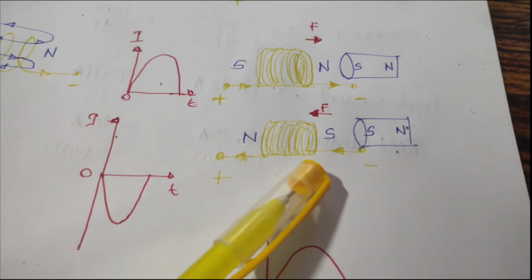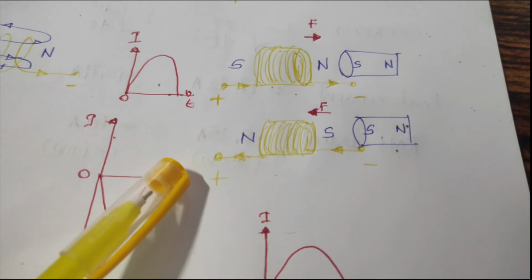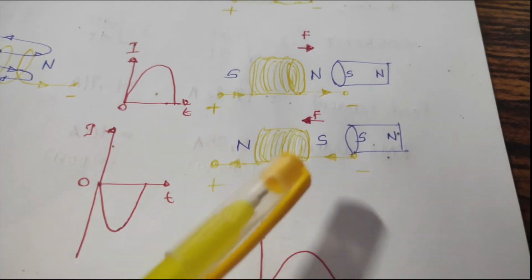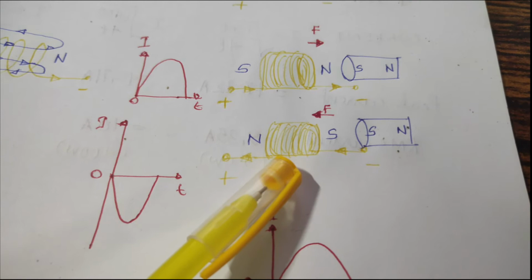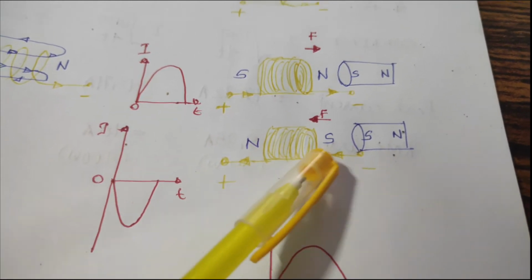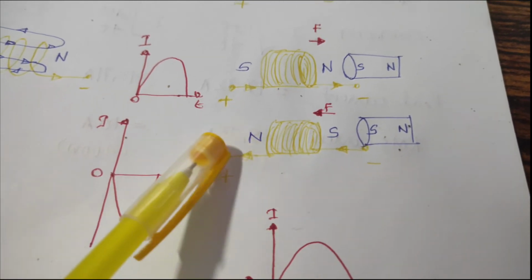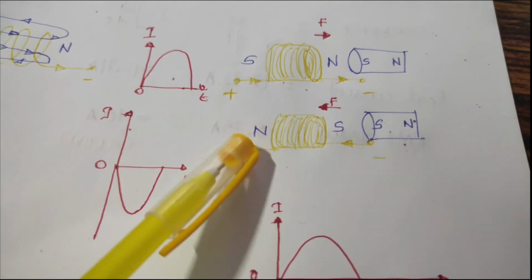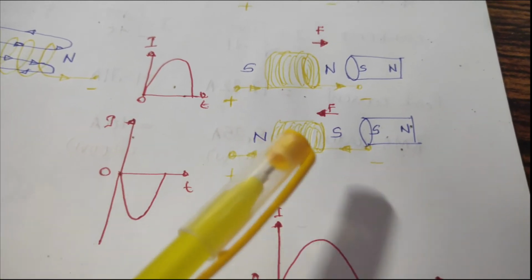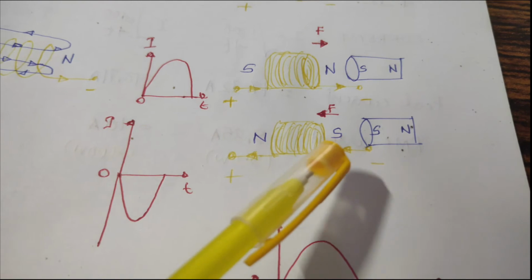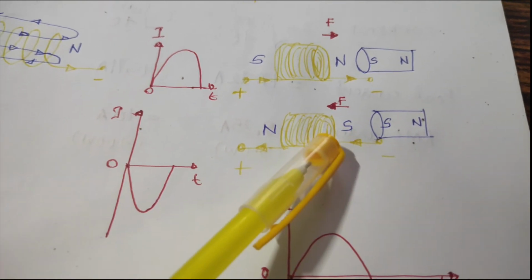Current is entering the negative terminal and leaving the positive terminal. Whenever current direction is reversed, the magnetic field direction is also reversed. Like the previous one, we have a permanent magnet and the same coil, but the current direction is reversed. So the magnetic polarities will be reversed.